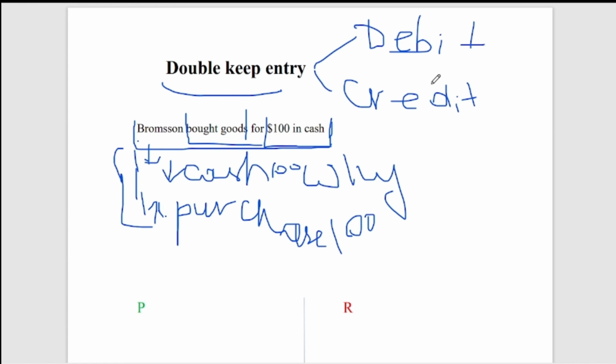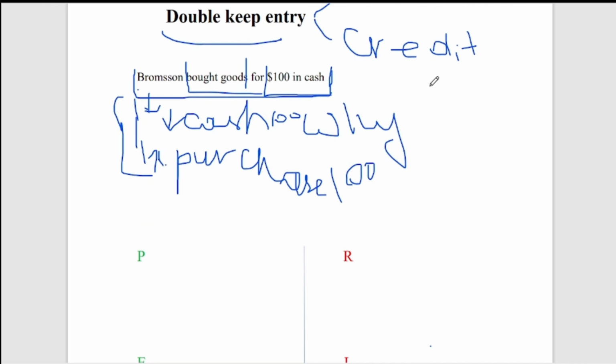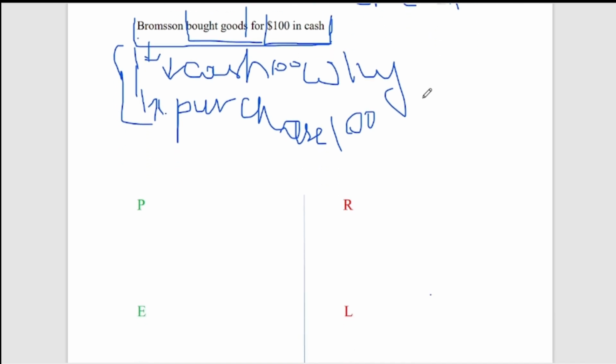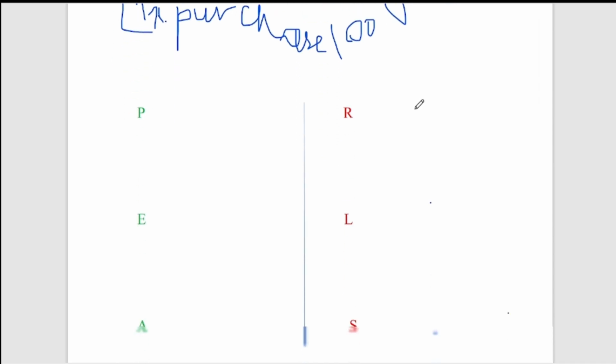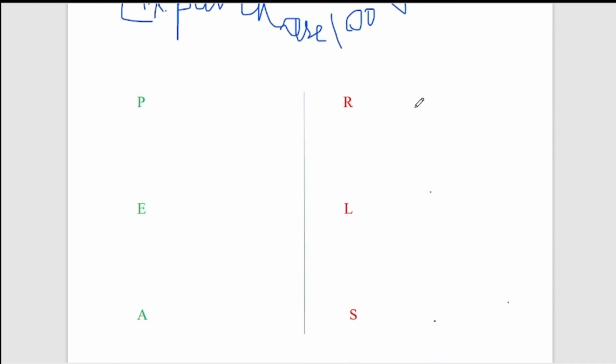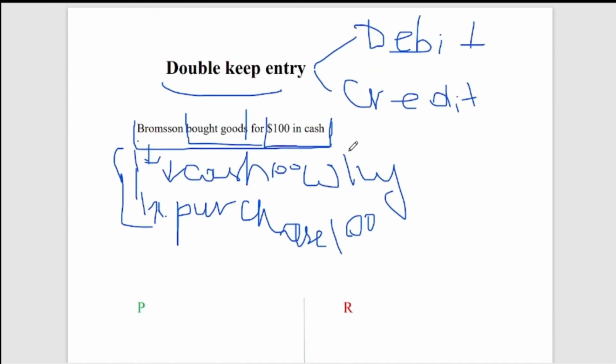To know whether something is on debit or credit, we have to categorize them according to the terms, like purchase or cash or sale. So to know it, we have to know this diagram. We have to write credit or debit.